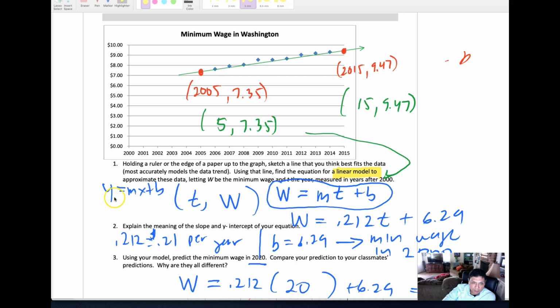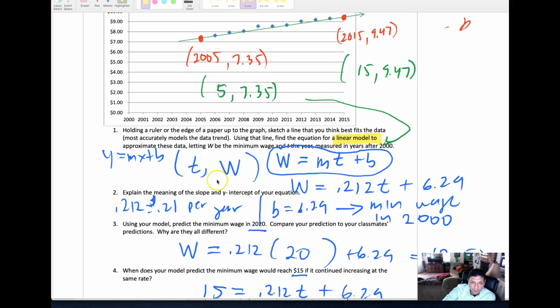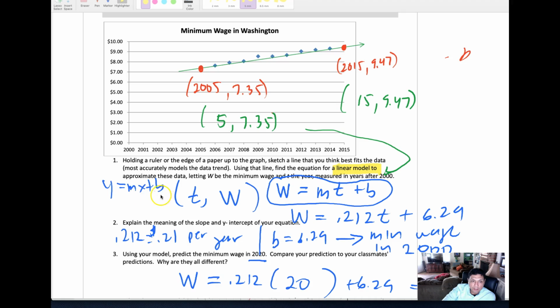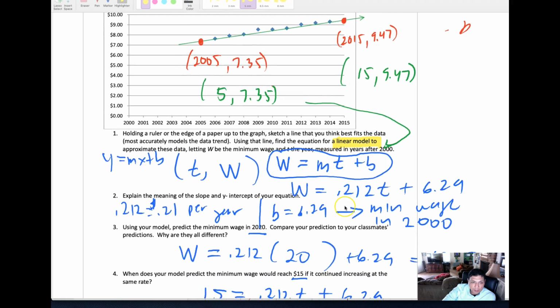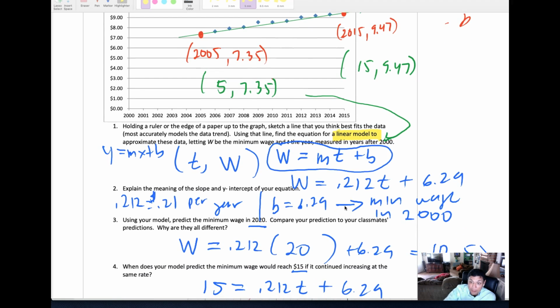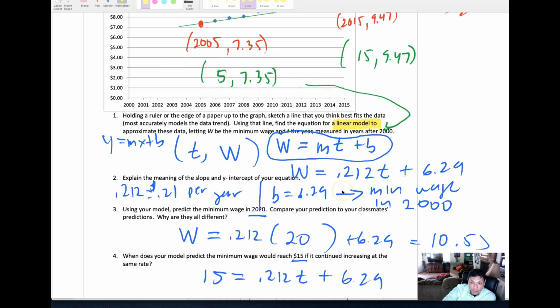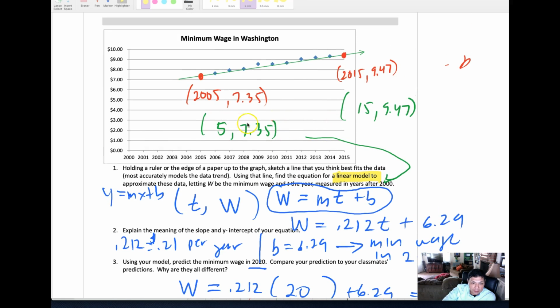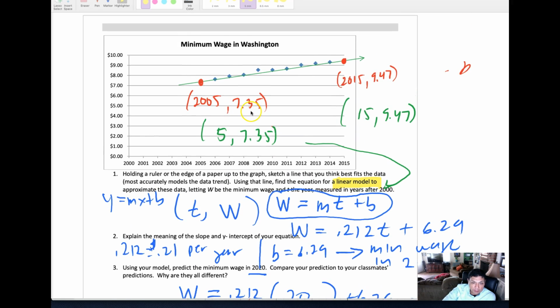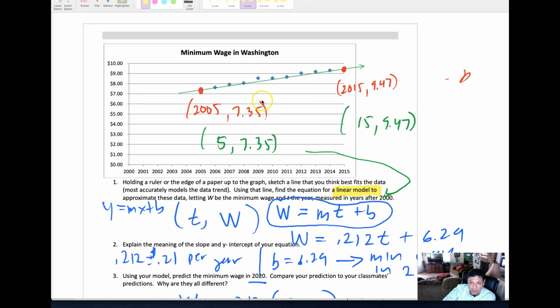So in this case, we're going to find y equals mx plus b. This time, though, instead of using y and x, we're going to use t and w, time and minimum wage. Looking at those values, we could first calculate the slope using this.